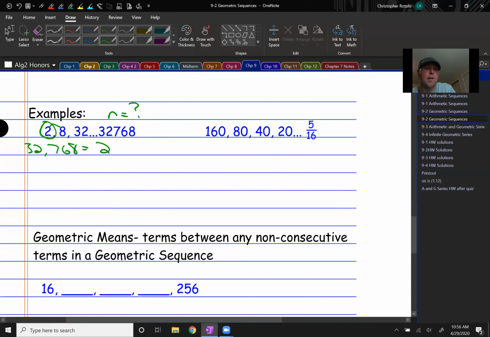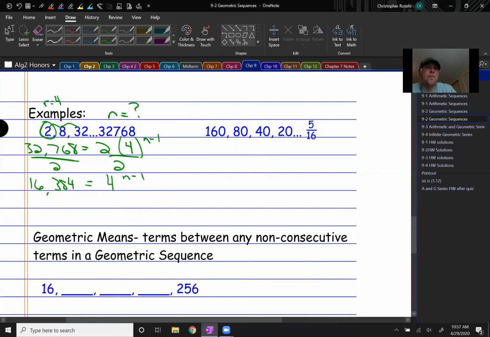The r value we can still figure out. r equals 4 to the n minus 1 power. Notice n's a variable, so I can't simplify that into a number right now. The next thing we're going to do is divide out the 2. Let's get rid of anything extra that we can. So 4 to the n minus 1 power equals 16,384.